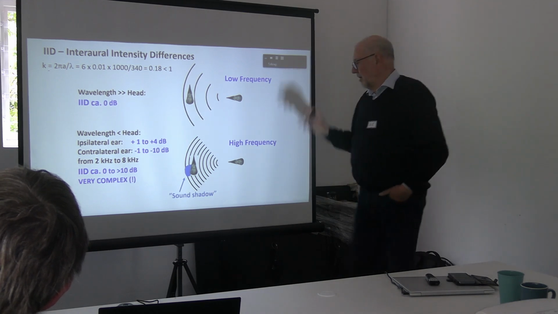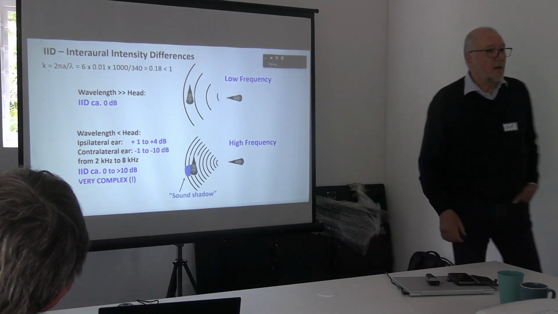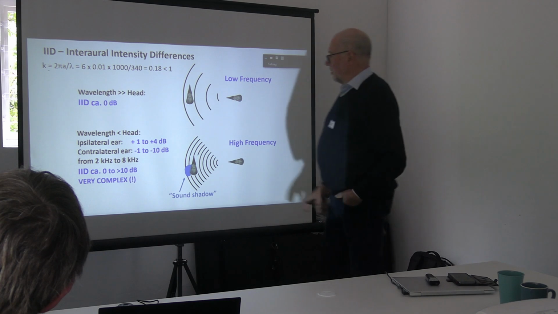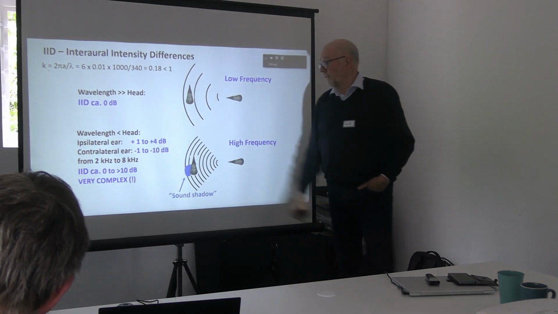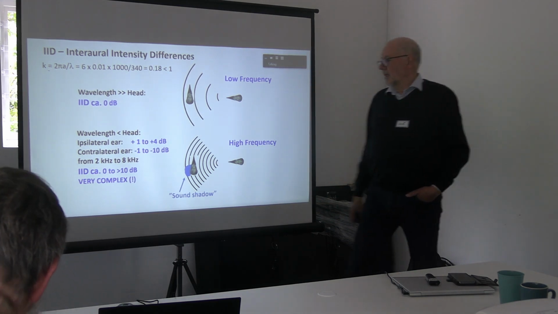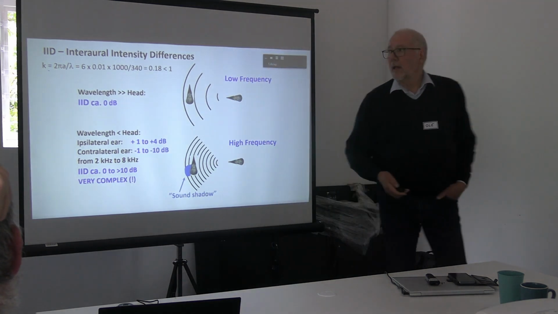You should just remember this, because that's what we actually see when we try and measure. So you can see we may get perhaps up to 14 dB difference, but it is very complicated. This is not absolutely black and white.